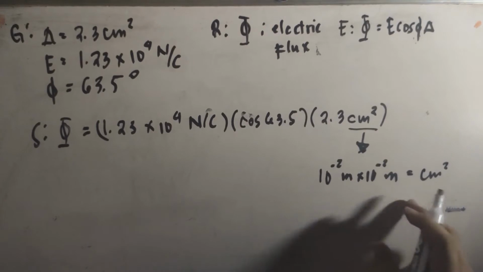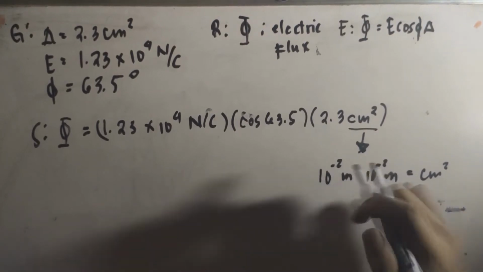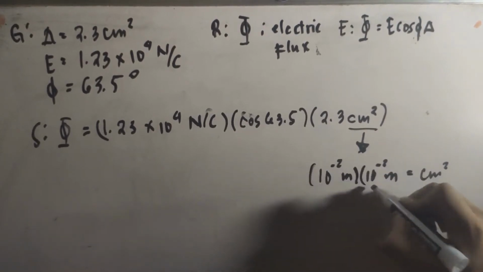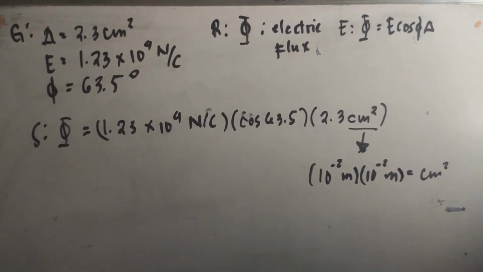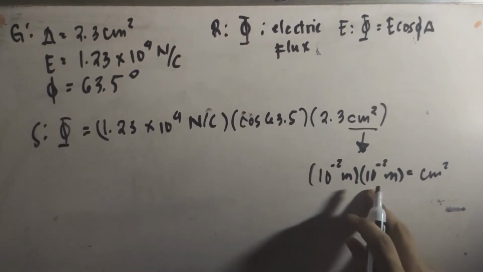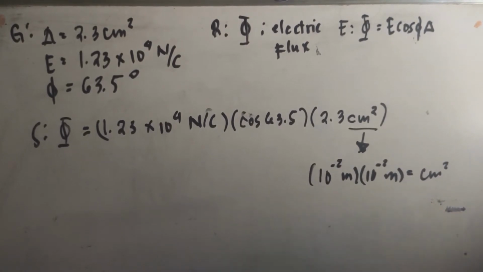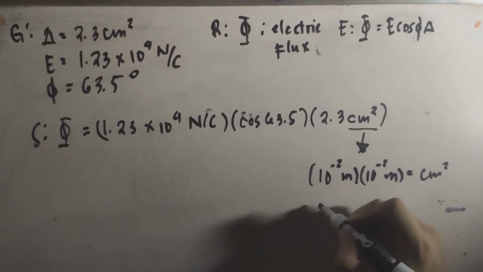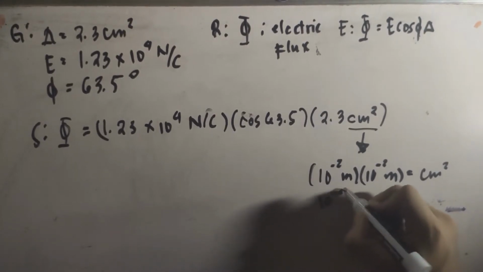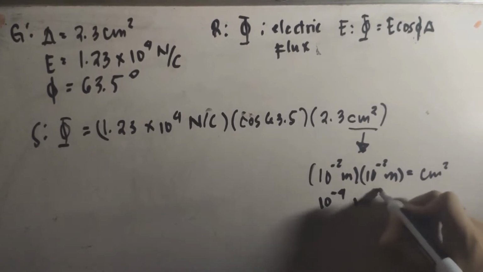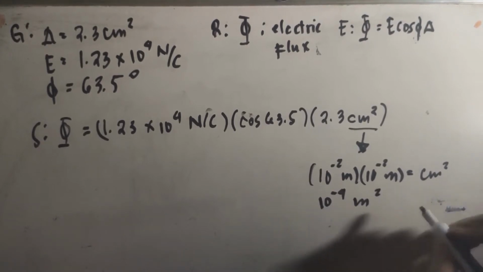Okay, so since this is what we're dealing with, let's change this to parentheses. So you multiply the multipliers and then you multiply the unit, so that's 10 raised to negative 4 meters squared. Okay, that's cm squared for you.